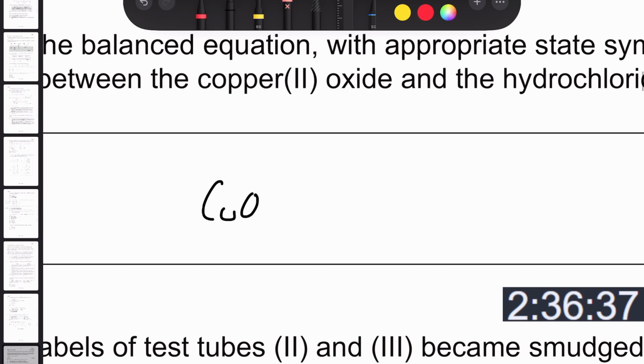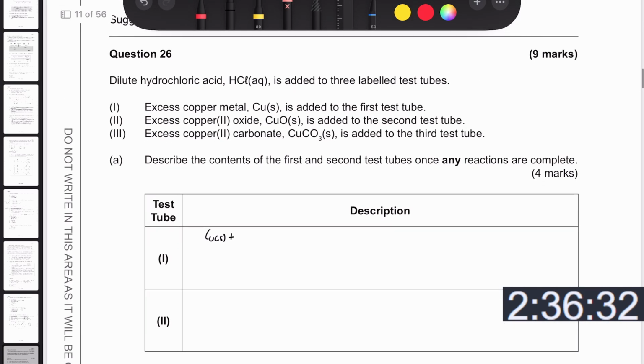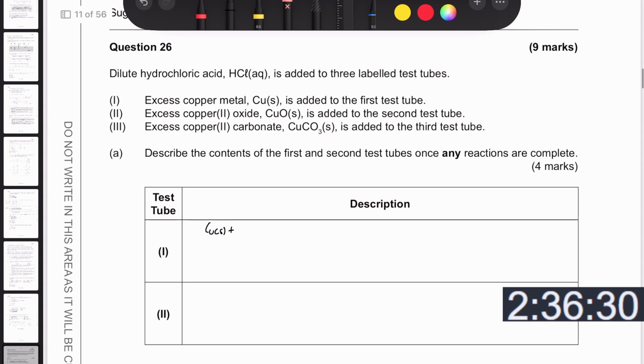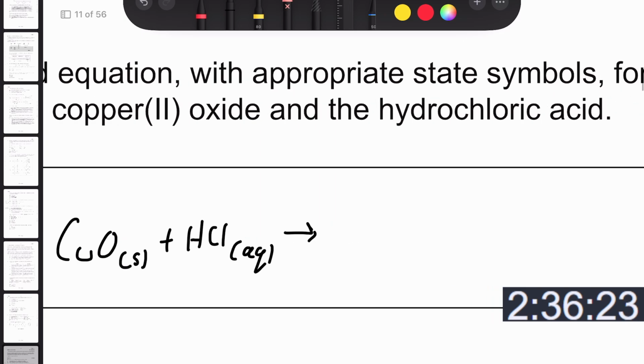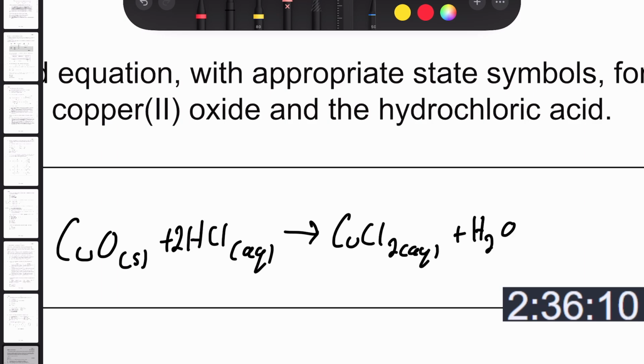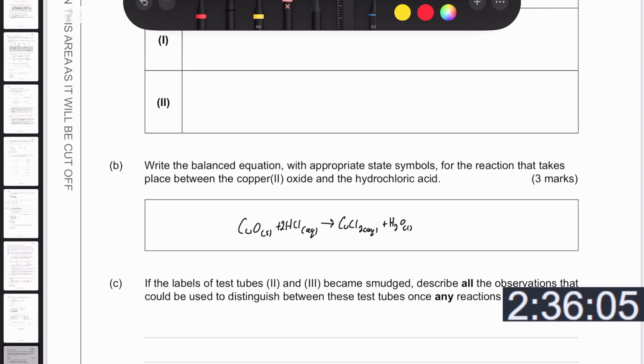So CuO solid plus HCl aqueous. Make. Is it going to be 2 Cu? Oh, sorry. Is it going to be 2 CaCO2 plus H2O liquid? I think that'll be right.